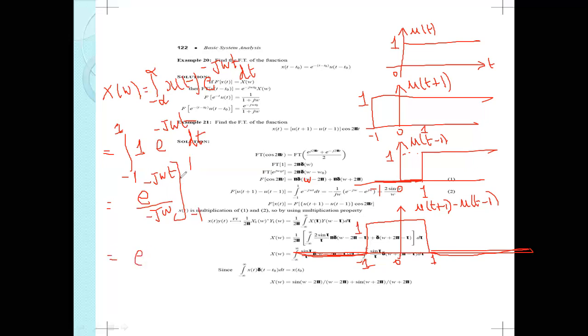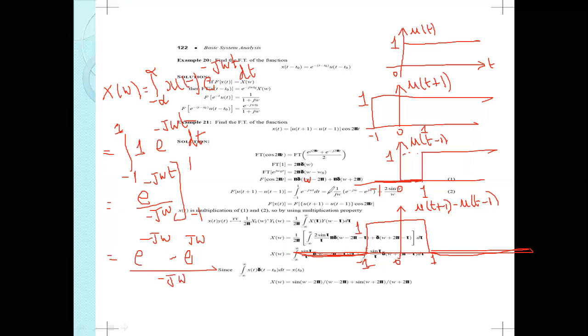Now I am substituting the upper limit, t value is 1. It becomes e power minus j omega minus e power, minus already there, now substitute t as minus 1, it becomes plus j omega, divided by minus j omega.